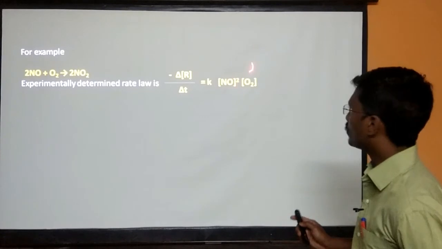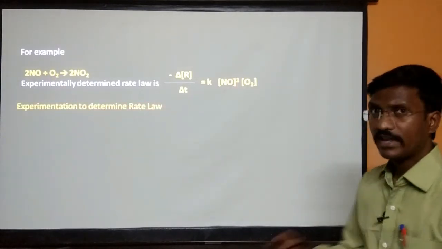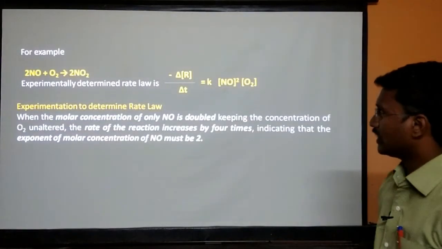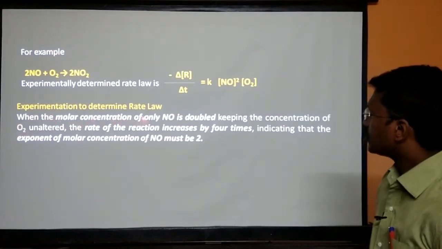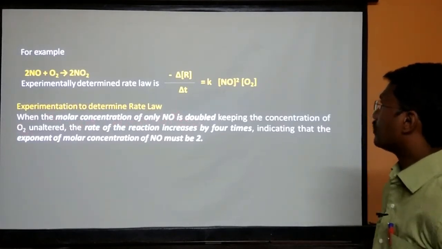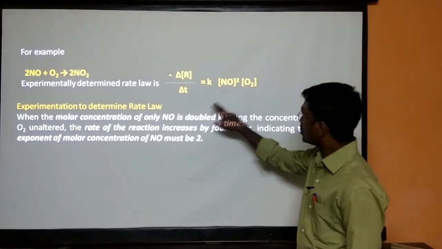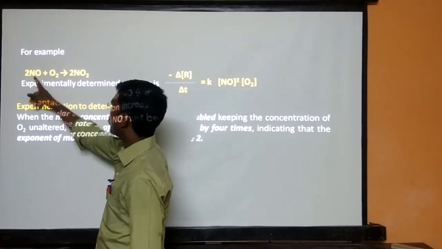How do we write this? Look at this: experimentation to determine the rate law. Concentrate on the meaning of what I have highlighted. There are two reactants here and one product.